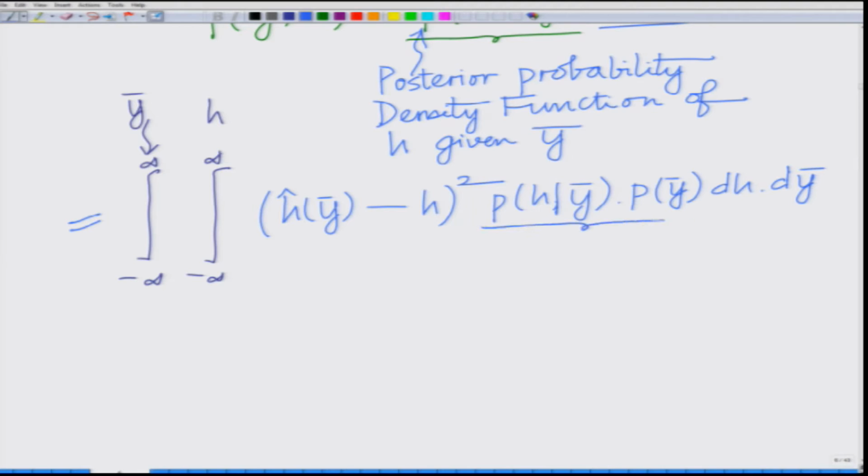Okay. And what is this? This is basically where we had the joint probability density function P of y bar comma h earlier. I am substituting for P of y bar comma h as P of h given y bar times P of y bar.